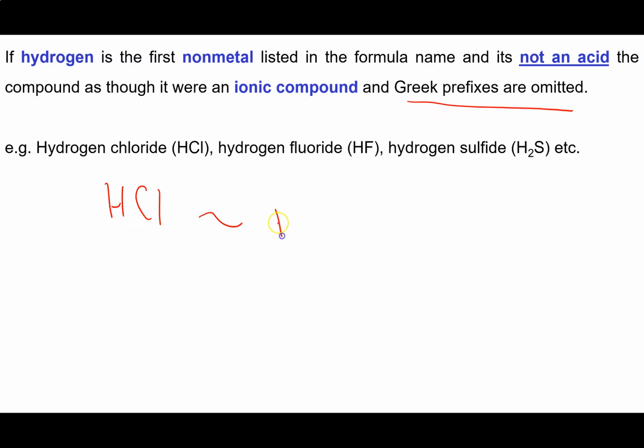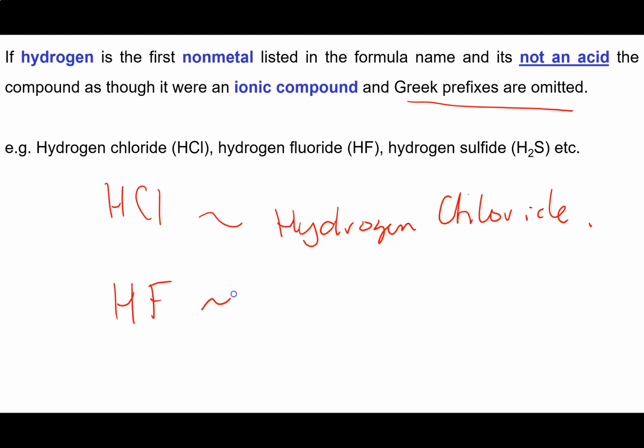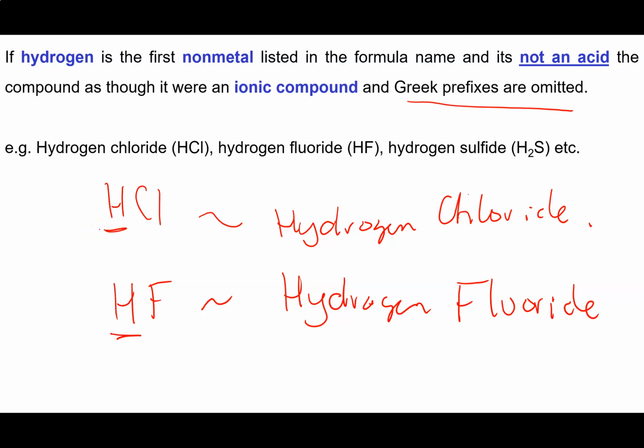So this would become hydrogen chloride. And we mentioned that in the naming of acids video. So HF, if it's not actually behaving as an acid, it's not dissolved in water, and no one's mentioned it being an acid, is named as hydrogen fluoride. So for molecular compounds that begin with H and they're not acids, you're going to just omit all of the Greek prefixes.